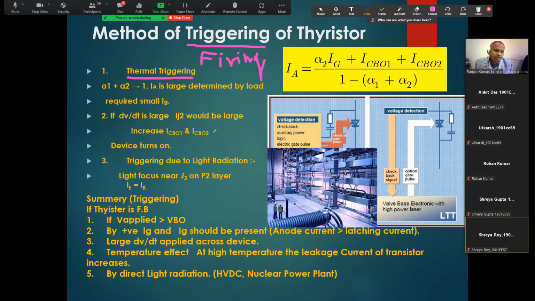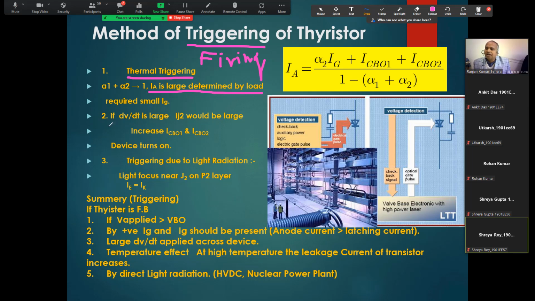The leakage current will increase your current gain, which makes alpha 1 plus alpha 2 tend to 1, so Ia is large, determined by the load. According to the load current, it will be turned on, and it requires only a small Ig current.